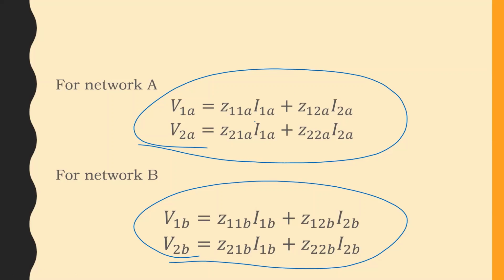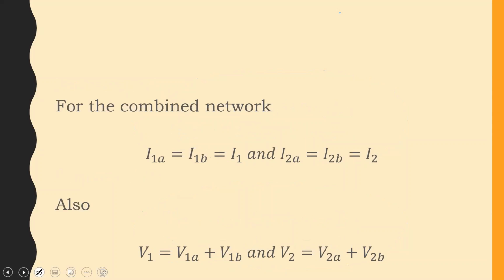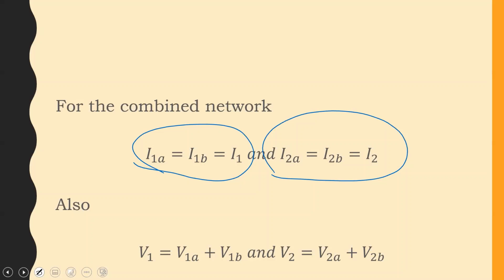And using the same analysis as before, we have that I1 is equal to I1A, which is equal to I1B, and I2 is equal to I2A, which is equal to I2B.